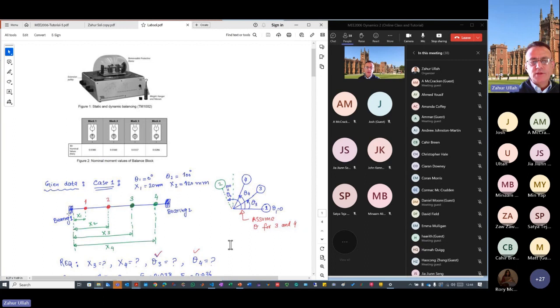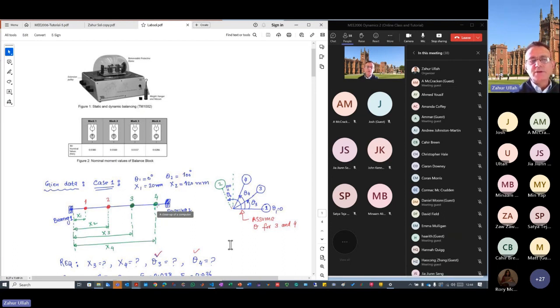If we have these 2 bearings, this is, for example, mass 1, mass 2, mass 3, and mass 4. x1 is the distance of mass 1 from the bearing, x2 is this distance here, x3 is this distance here, x4 is this distance here. If you are given these distances, and you add masses at these different locations, then the system should be fully balanced.